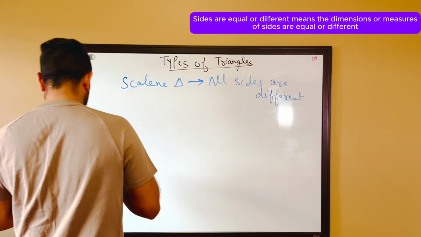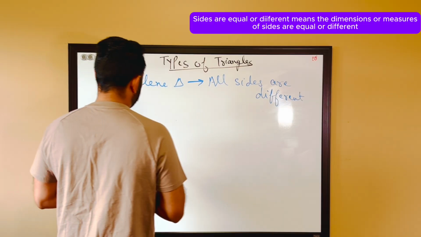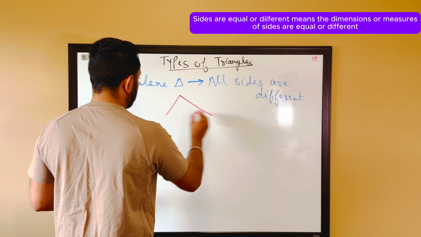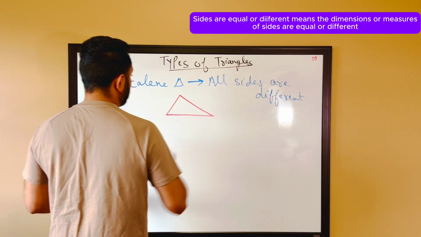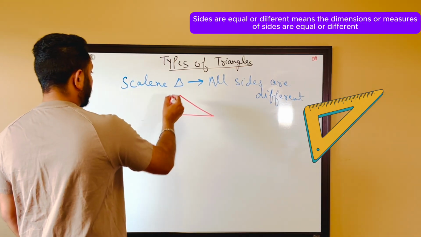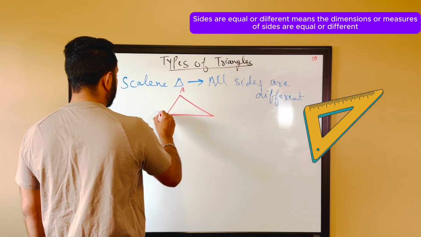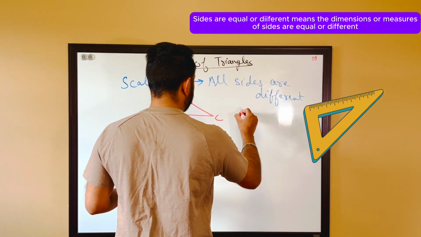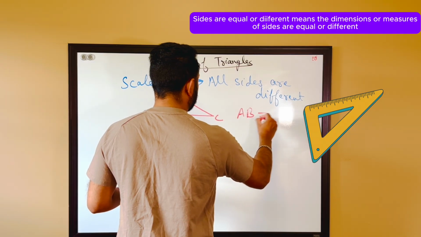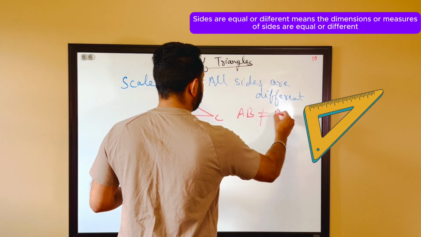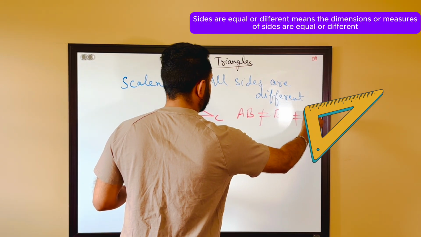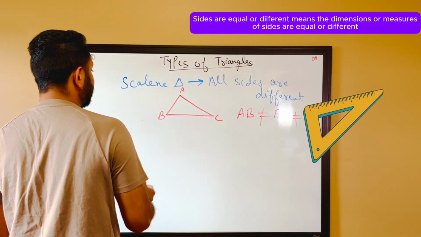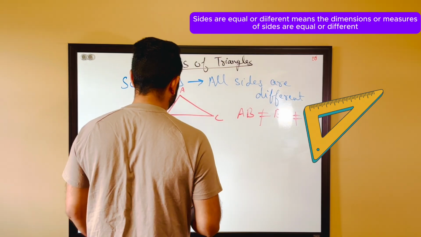So let's draw a scalene triangle first, and name the triangle as A, B, and C. That means AB is not equal to BC is not equal to AC. So AB, AC, and BC have different dimensions.